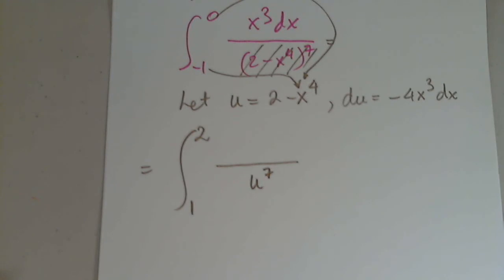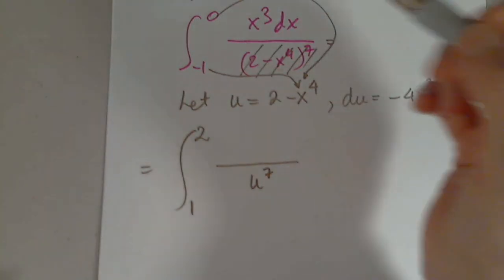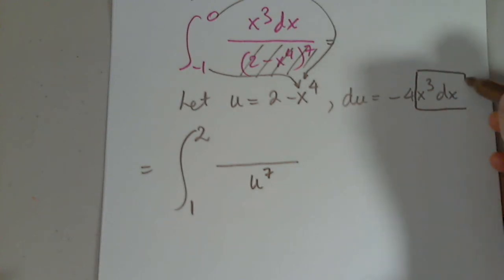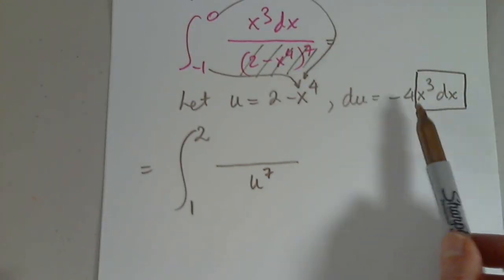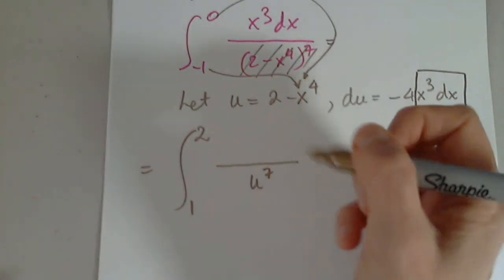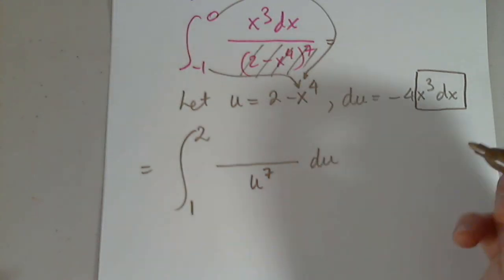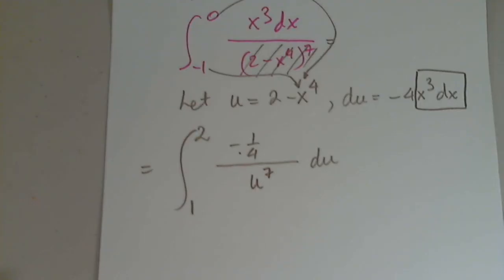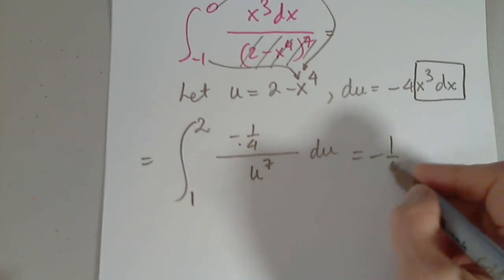Now, what do I have at the top? At the top, I have x cubed dx, which will be nothing else but du over -4. So I'm going to put du here and 1 over -4, which will go in front anyway.